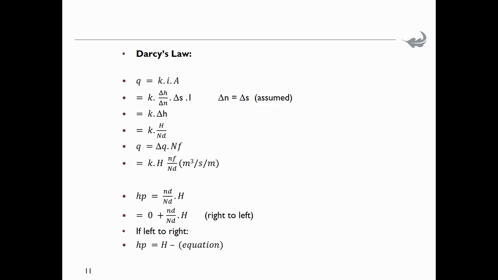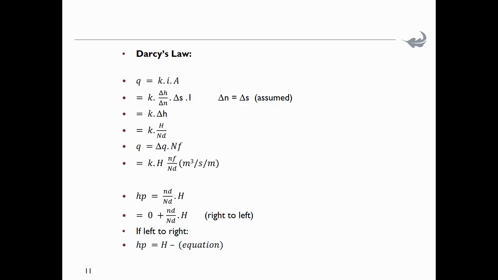According to Darcy's law, we begin with Q equals permeability times hydraulic gradient times the area, and then we start deriving the formula.